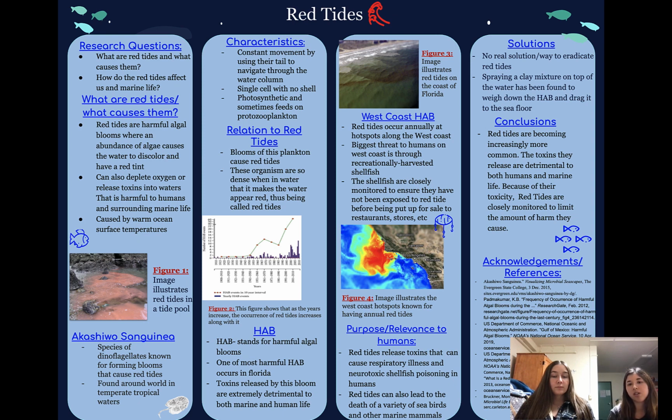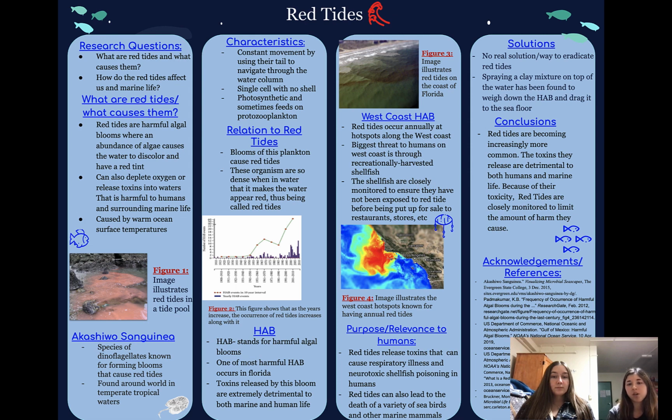The shellfish are closely monitored to ensure they have not been exposed to red tide, so that we can protect human health and make sure that the food is not contaminated and humans aren't eating these toxins. This is done before being put up for sale to restaurants, stores, and other facilities.